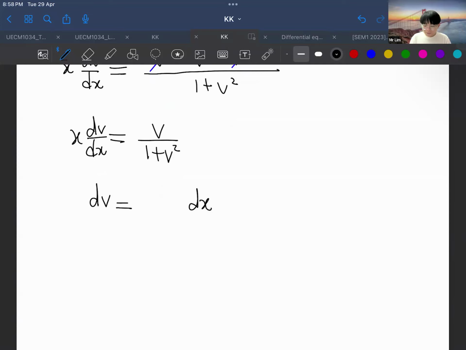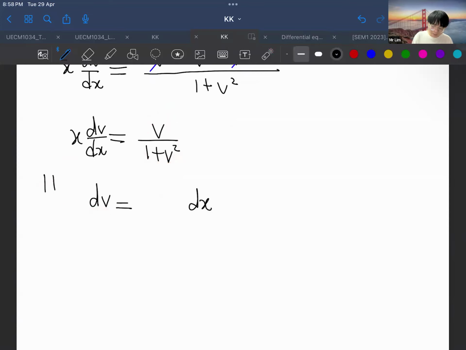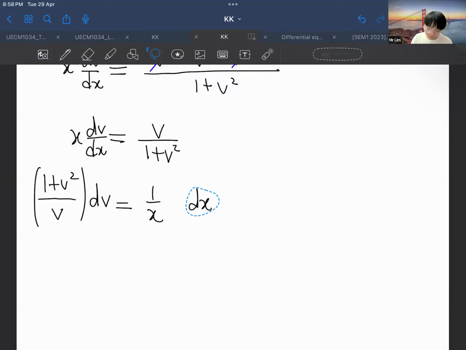Okay, so I put dv. I put everything v in my left hand side. So I flip the fraction. I have 1 plus v square over v on the left. And then this x turns to the other side will become 1 over x also lah.